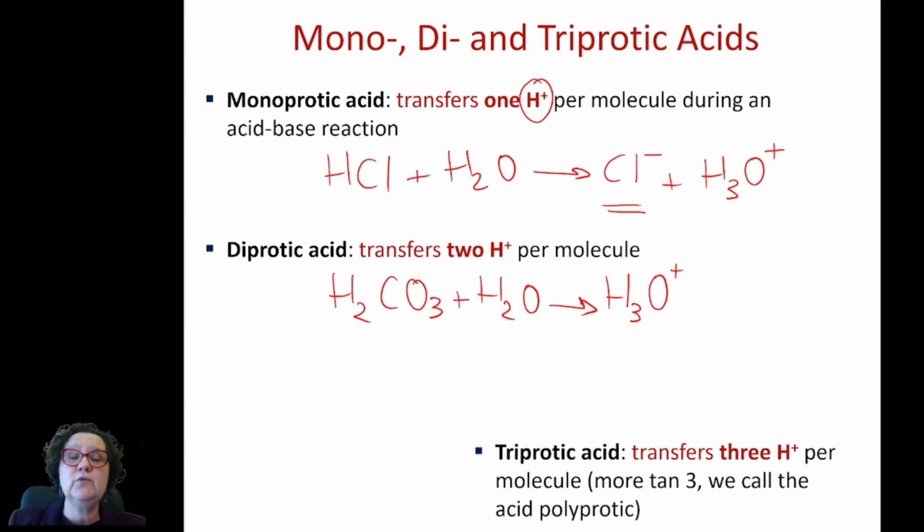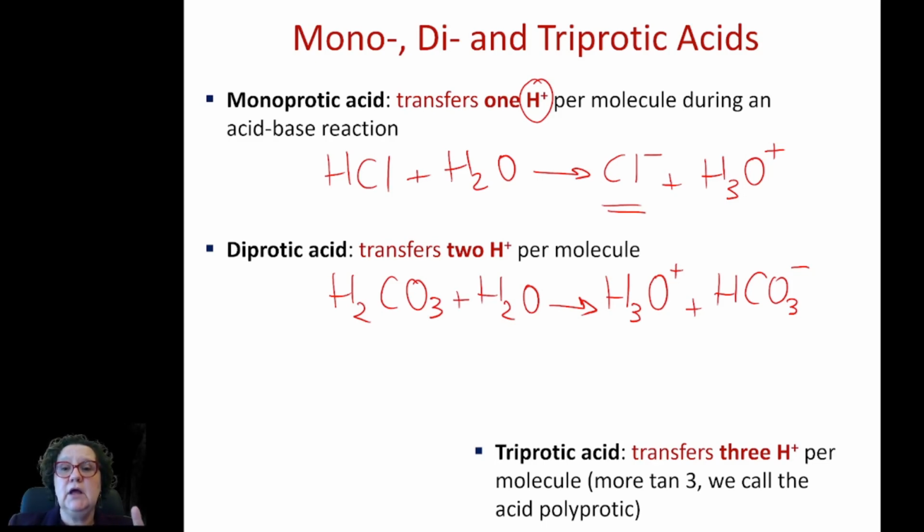Well, if the carbonic acid has donated one H plus, what you have behind is the other hydrogen, the entity CO3, carbonate, and a negative charge. And the negative charge are the electrons that the hydrogen left behind when it left the molecule. In the case of the chloride, there were no more hydrogen ions, so the reaction stopped there.